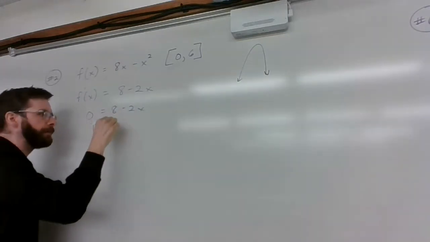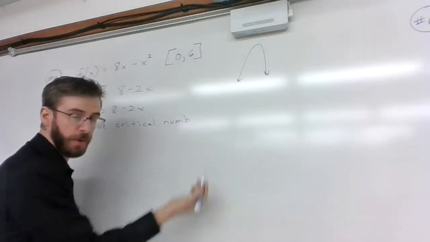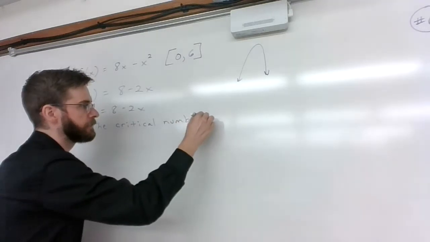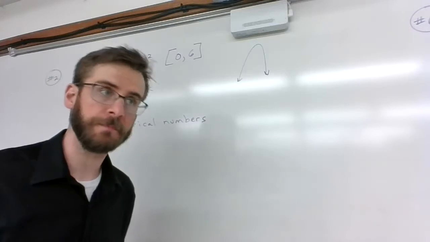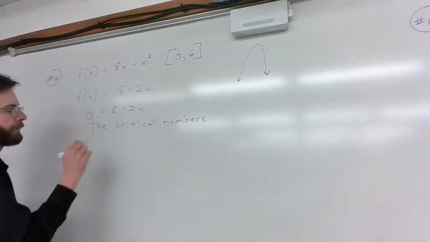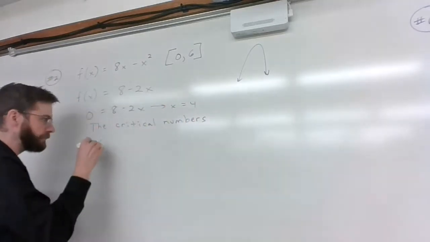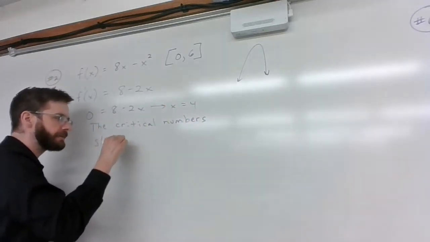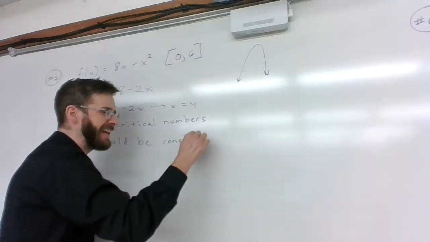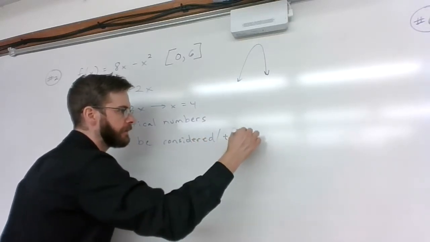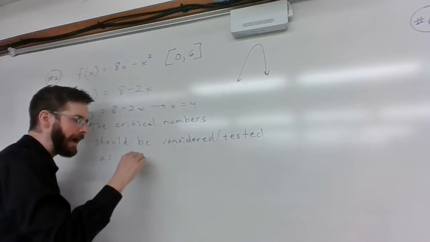The critical numbers, which are always the zeros of the derivative, I guess the critical numbers that aren't points of non-differentiability or domain issues. The critical number, which is the solution to this equation, ends up being x equals 4, and should be considered / tested as absolute min / max candidates.